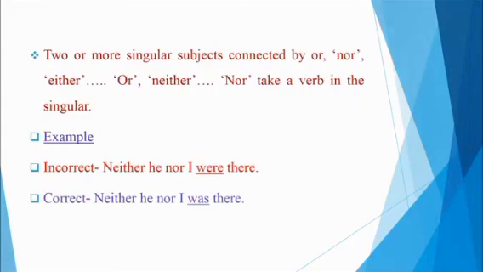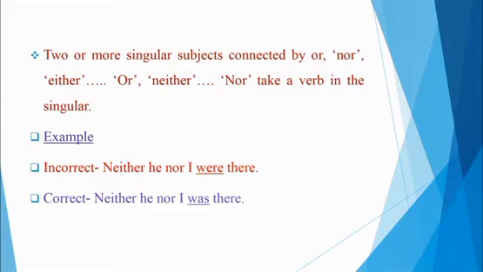Let's see the next rule. Two or more singular subjects connected by or, nor, either or, neither nor take a verb in the singular. First, look at the sentence. Neither he nor I were there. Is that a correct sentence?